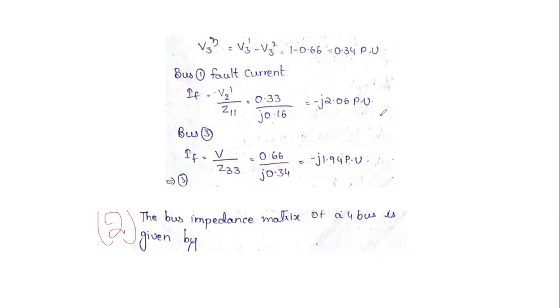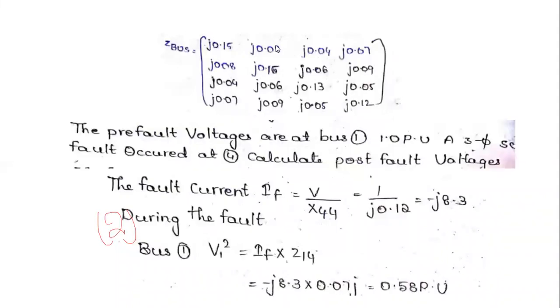In the previous class, we found the fault currents at 3 buses. In this case, we consider the 4-bus impedance matrix. This is the Z bus matrix.